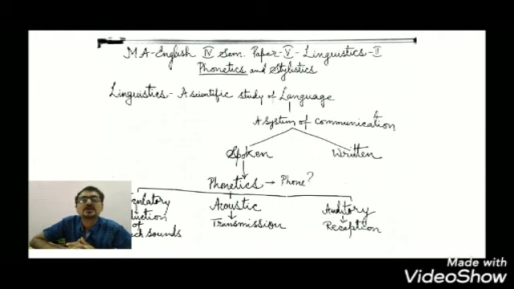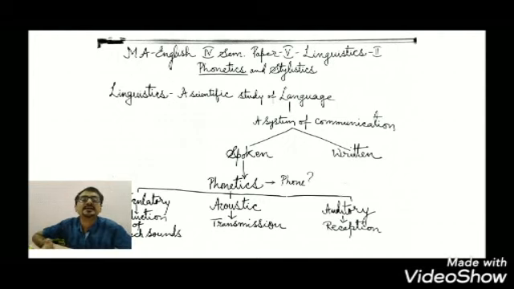Why? Because in the history of mankind, speech came far before writing was invented. And similarly, when we talk about an individual's life, like our life, we learn to speak first rather than to write. Much later we learn how to write, how to express ourselves by writing.